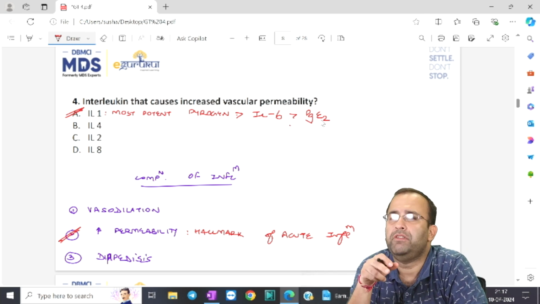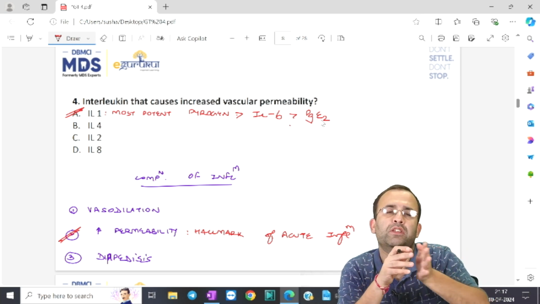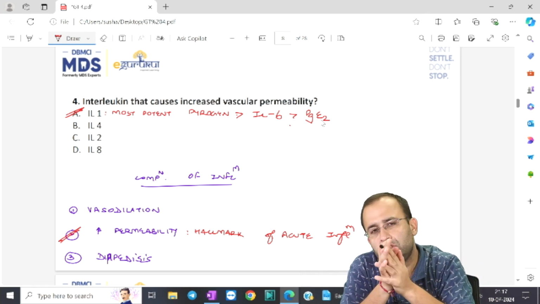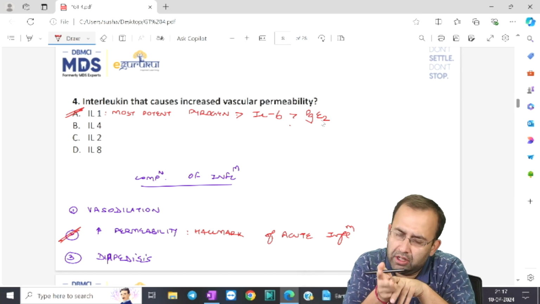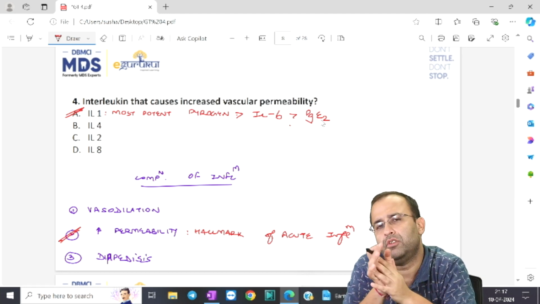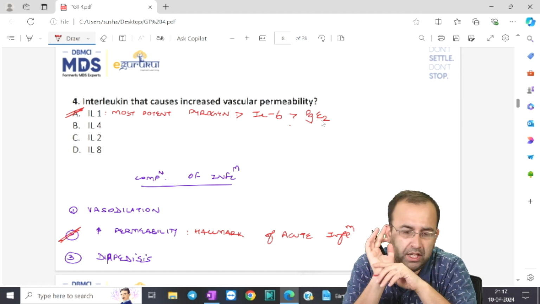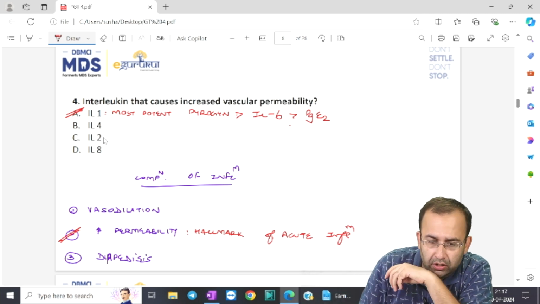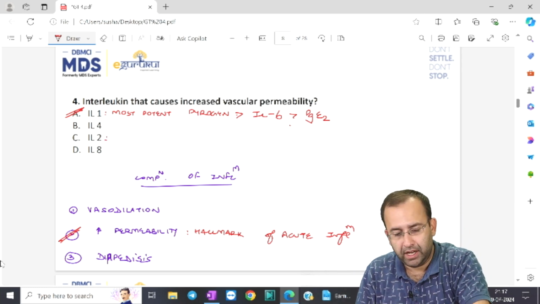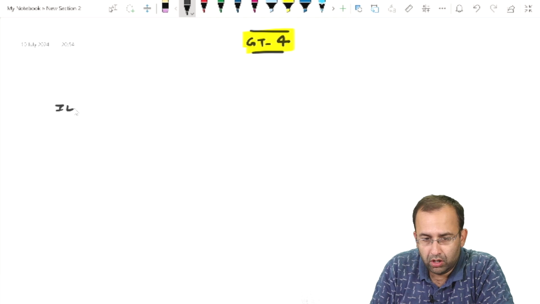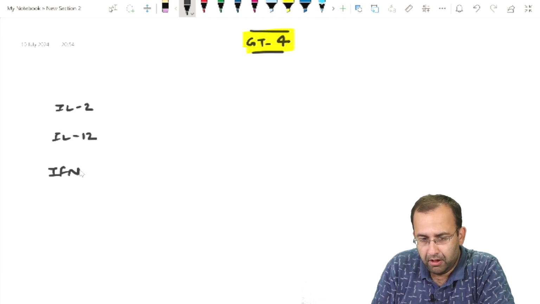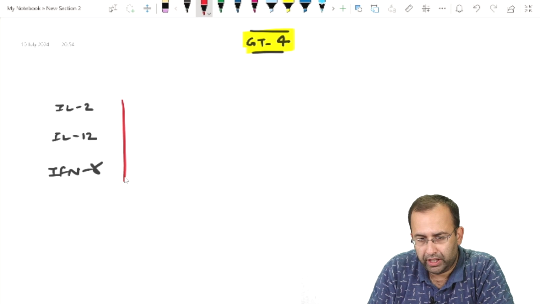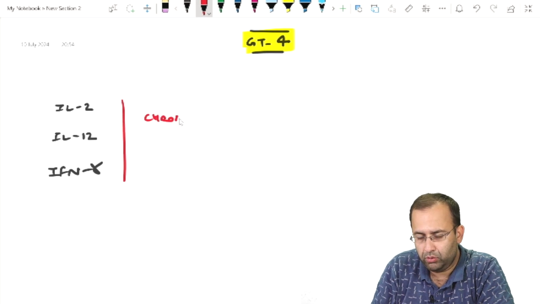Recent NEET PG PYQ. Easy NEET PG questions are also asked in the dental segment. So the second most potent pyrogen, interleukin 6, is asked repeatedly in dental, followed by PGE2. Next, interleukin 2, 12 and interferon gamma play a major role in chronic inflammation.